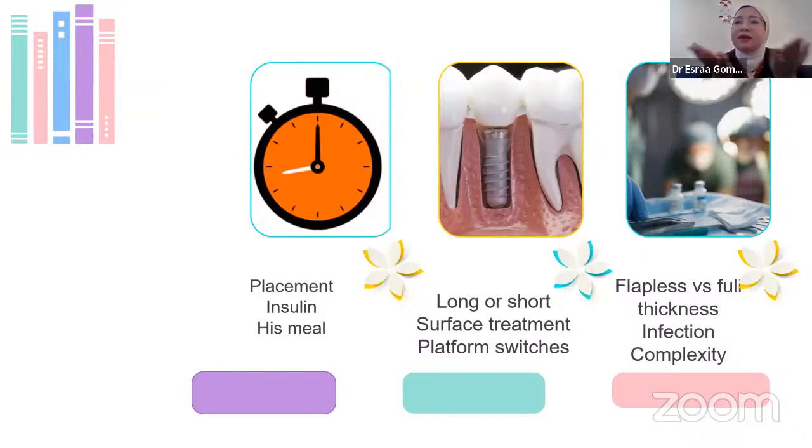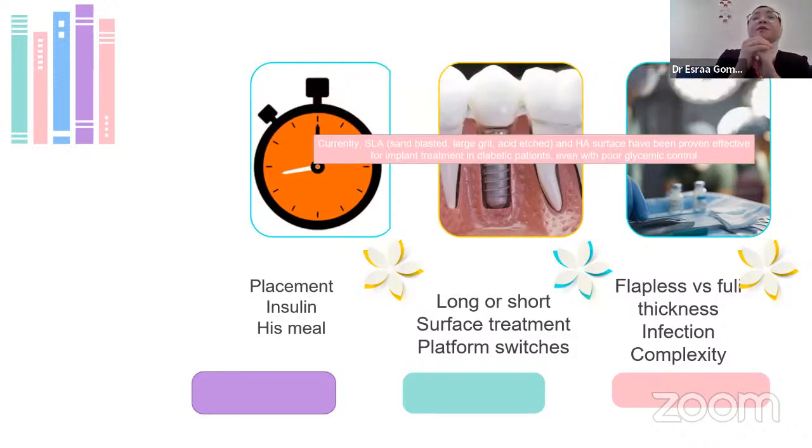There is a conflict in this area about using long or short implants in diabetic patients, but there is no recommendation for either one. In surface treatment of implants, it's suggested that sandblasted or acid-etched surfaces have a very good prognosis even with poor glycemic control.